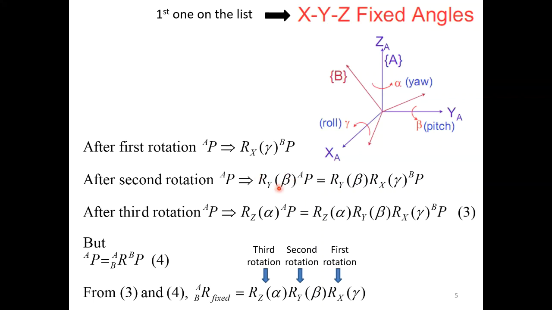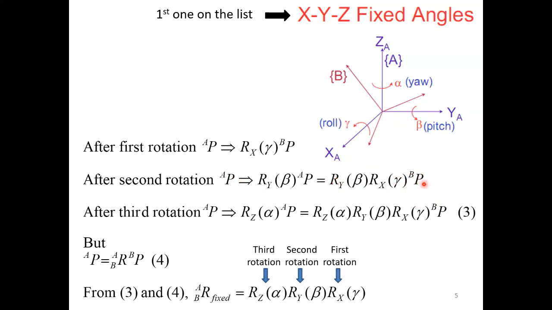And the vector that you rotate is AP, this one, not this one. So bring AP over here, and then you can substitute for AP, Rx gamma BP. This is the reverse order: around X first, around Y second. And now the vector description AP is given by this.